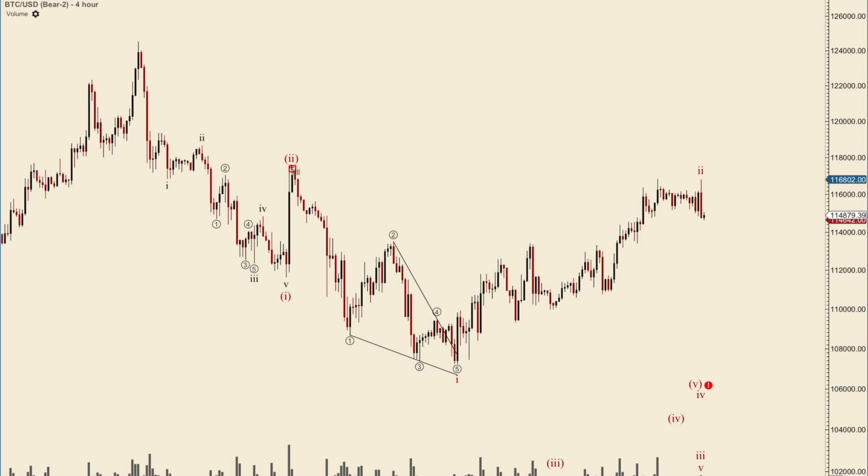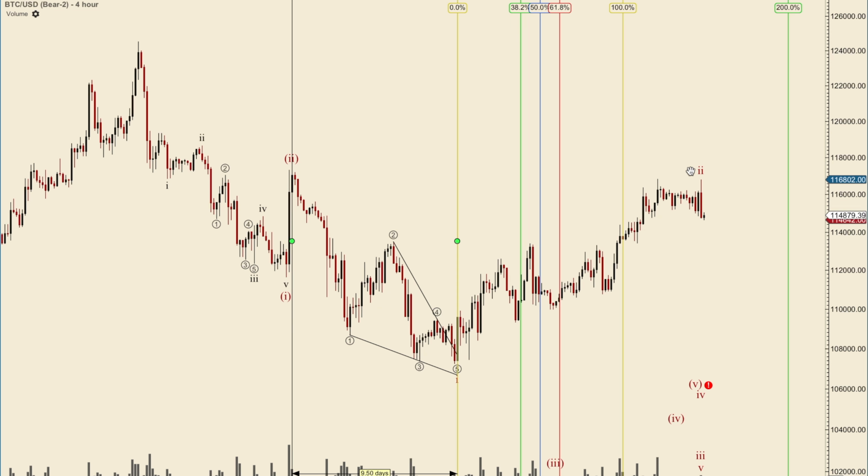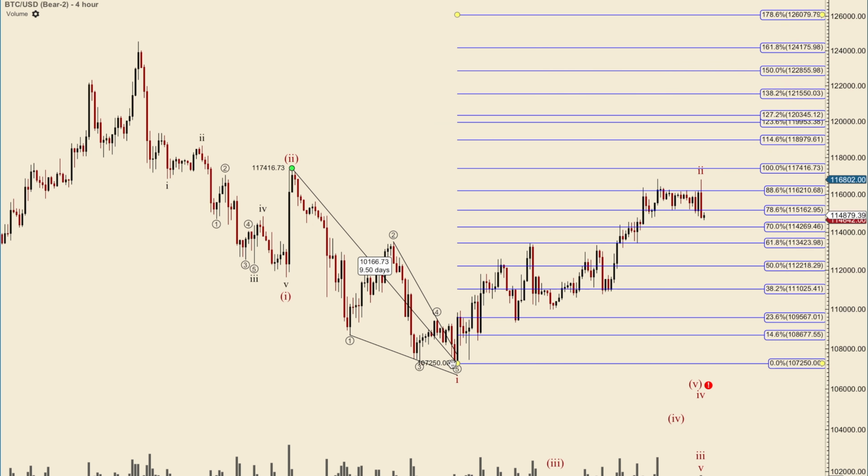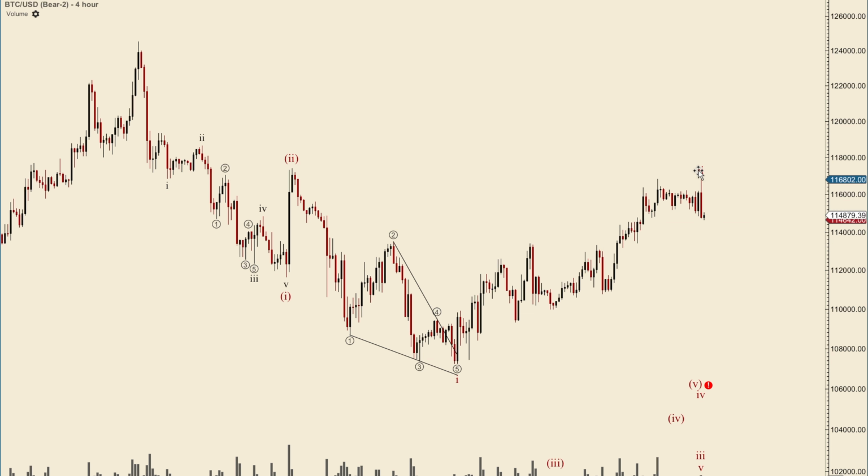So this is fine for a wave 2, but then we have the fib, and we hit the 886, which is a very uncommon target for a wave 2, which lowers the probability that this is indeed a wave 2. So this is basically the only way to count it like a bearish option.